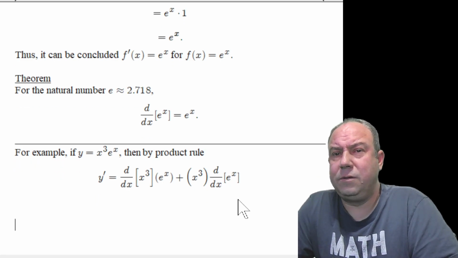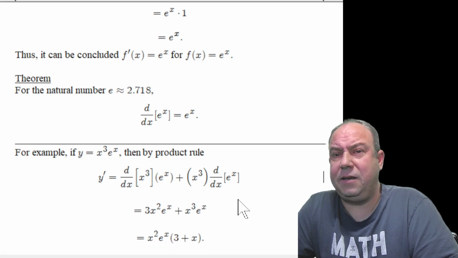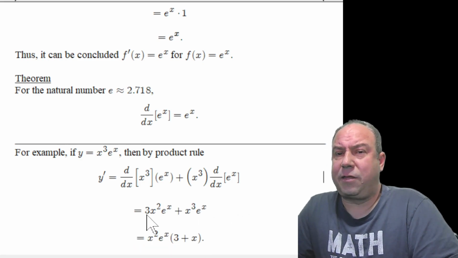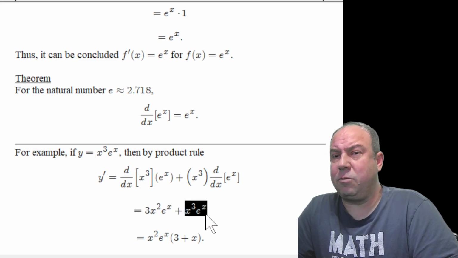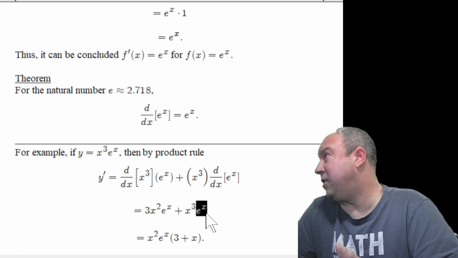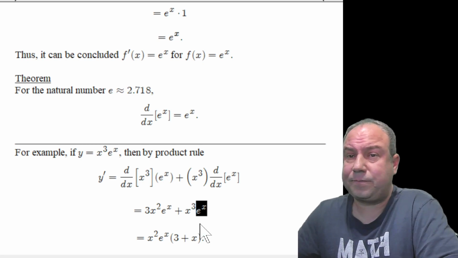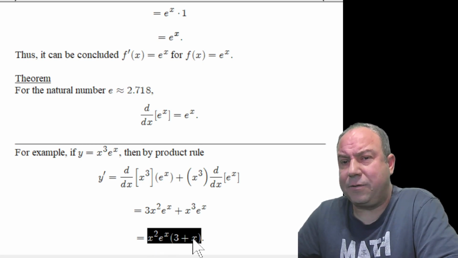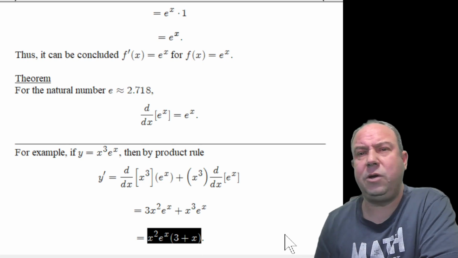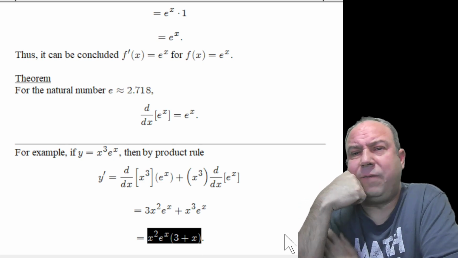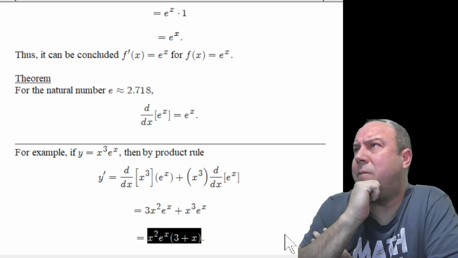So if we bring those results in, this simplifies into 3x squared e to the x for the first term, and the second term becomes x cubed e to the x, because the derivative of e to the x is simply, again, e to the x. Now, if we factor that, which is something we're going to want to work on as we get into some application of derivatives, the factored form is going to be helpful.